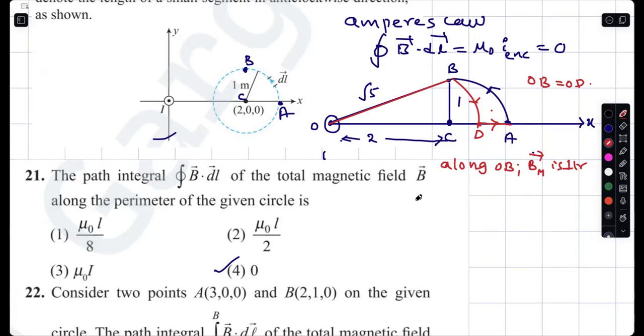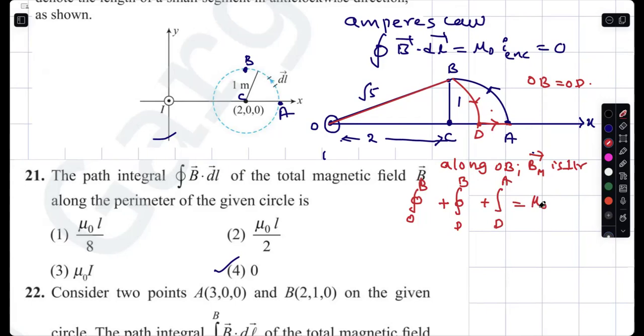Now I know integral O to B plus integral B to D plus integral D to A is mu naught.